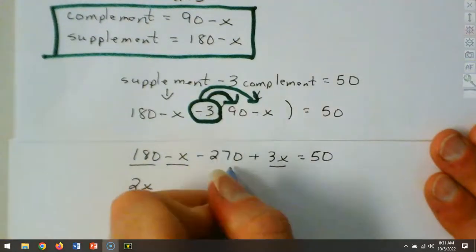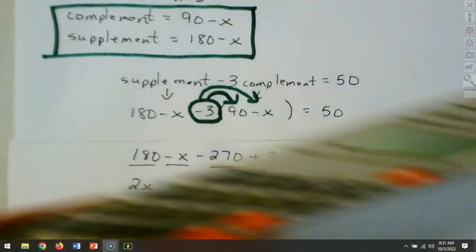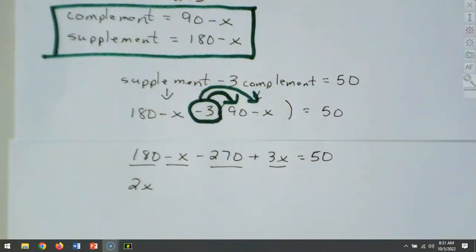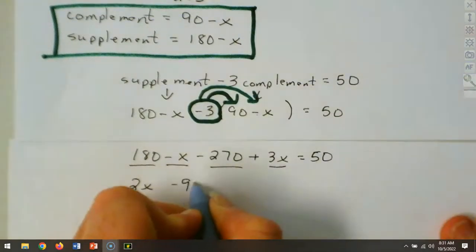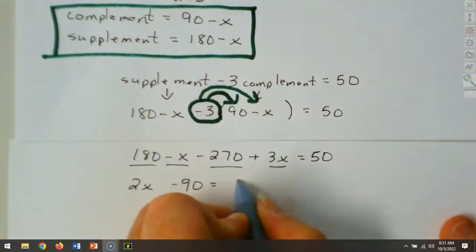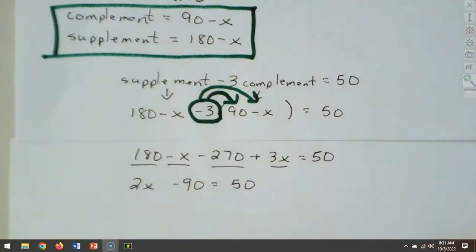And then we've got 180 and a minus 270. 180 minus 270 should give us a minus 90, doesn't it? Always double check things. I always double check just to make sure I don't make a mistake when I work these out mentally.